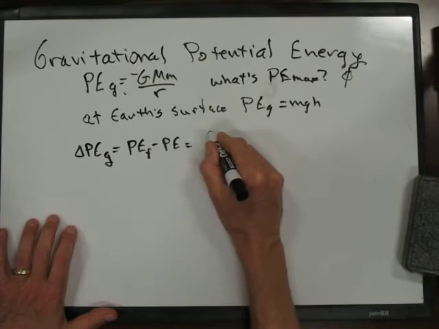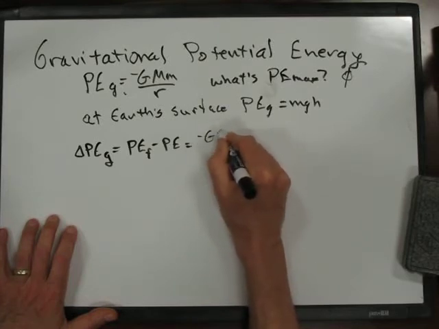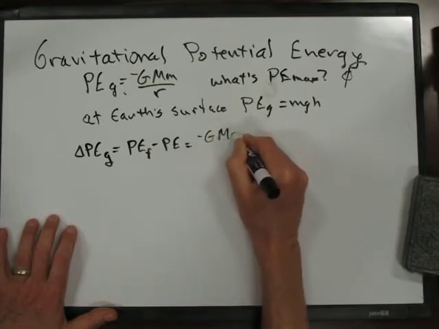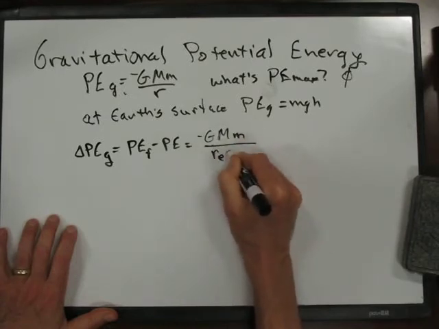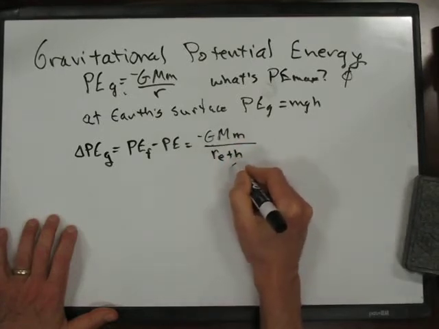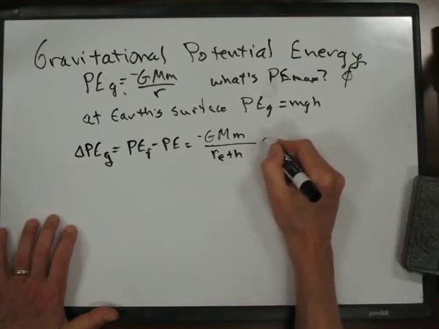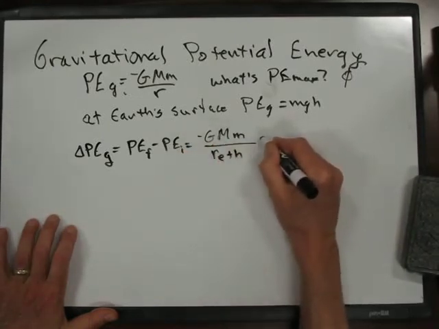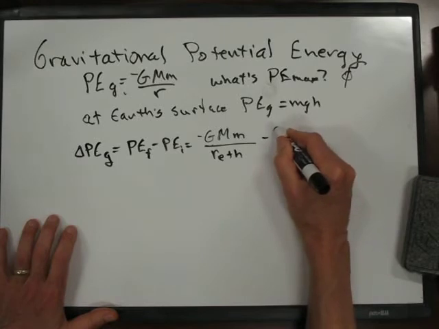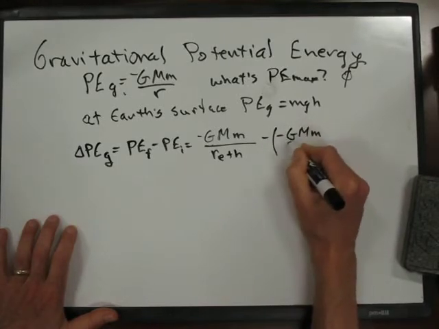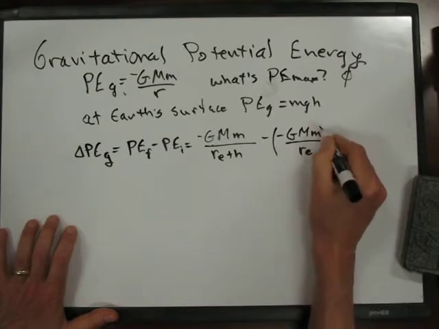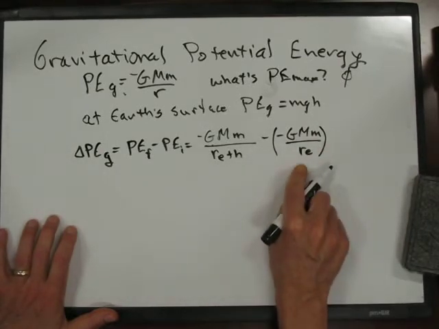My final position would be minus G, mass of the Earth, times the mass of the object that I'm lifting, over the radius of the Earth plus h, because that's how high I lifted it. That's its final potential energy. And then its initial potential energy, if it started at the Earth, is that.